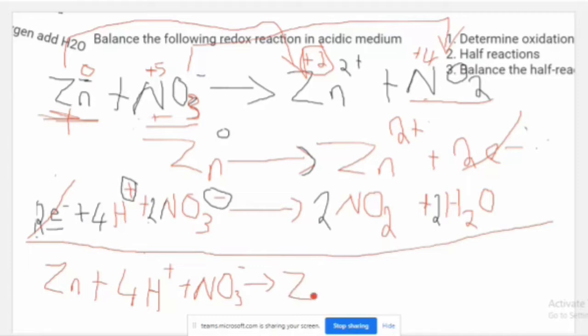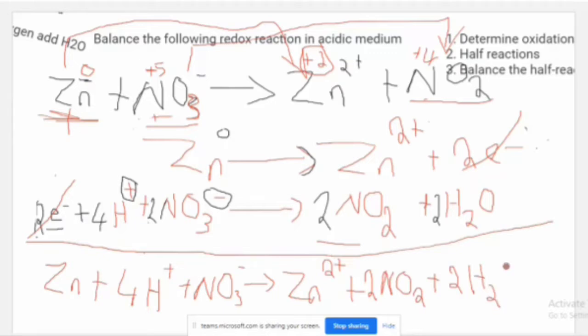Then we have Zn2 plus, plus this 2 here, 2NO2, then plus 2 water molecules.